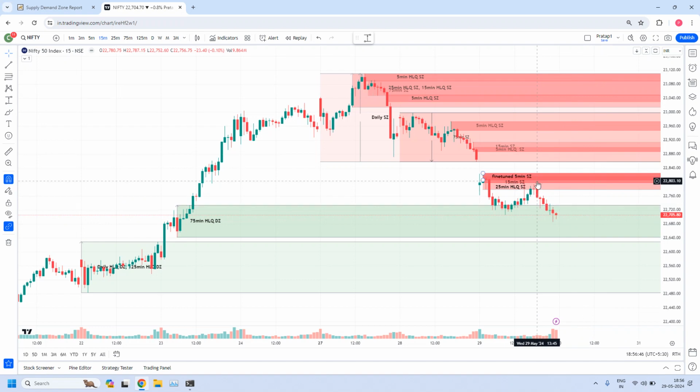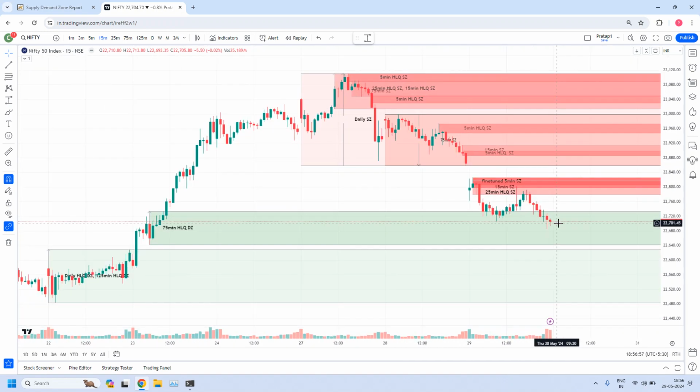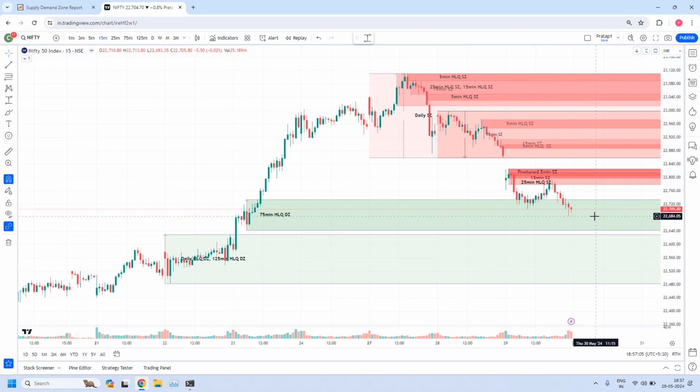But still the 15 minutes trend is a downtrend. If this 15 minutes area is violated, then the 15 minutes trend will be changed to sideways. Or tomorrow institutions may create a new 15 minute supply zone and violate this 75 minutes high liquidity demand zone. That possibility is also there.